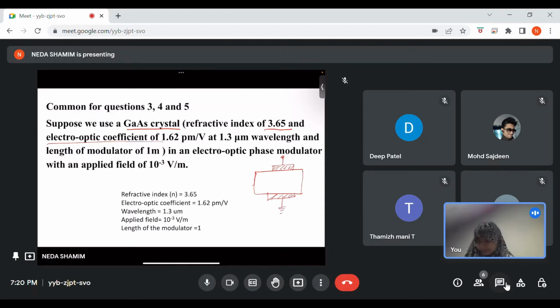Through these electrodes, I apply some field to this cell, which is 10 to the power minus 3 volts per meter, and here goes my light. We want to modulate the phase of the light which comes out of this cell, and we are doing that using the Pockel electric effect, which is a linear phenomenon.